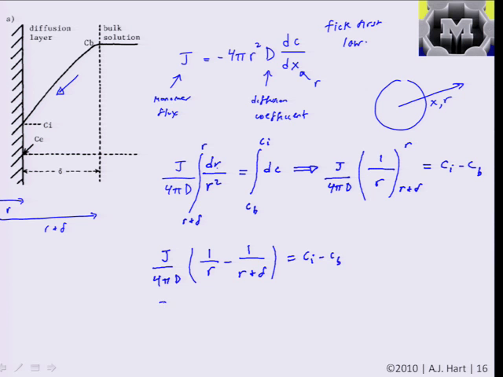And then we can just rearrange and collect the terms in this expression. So we would multiply this term by r plus delta and this term by r, and we would get delta over r times r plus delta being equal to Cb minus Ci.